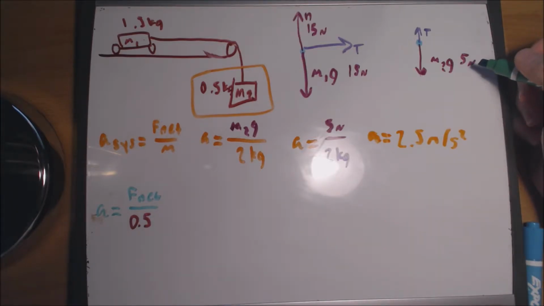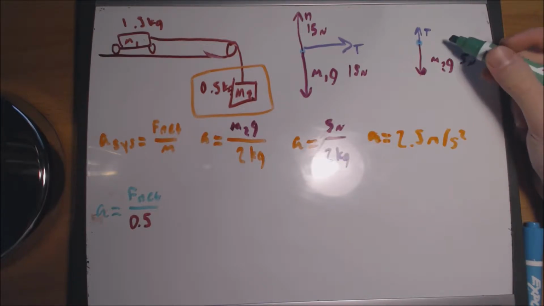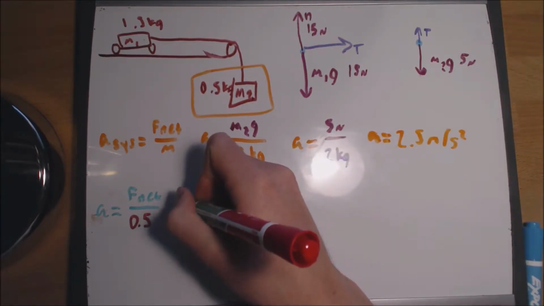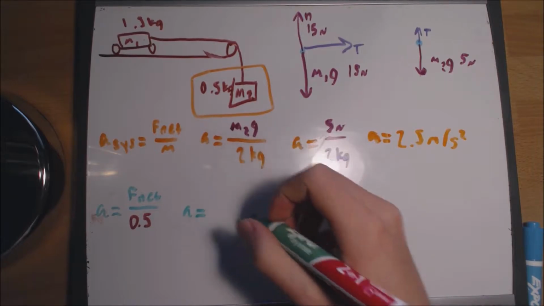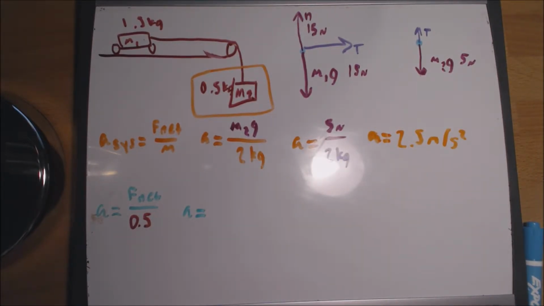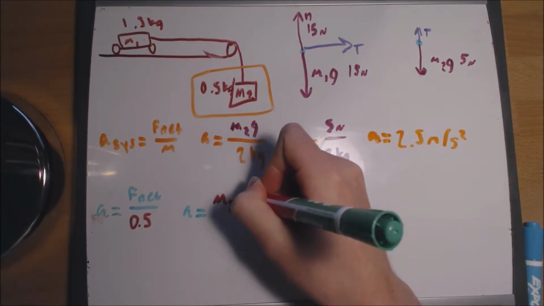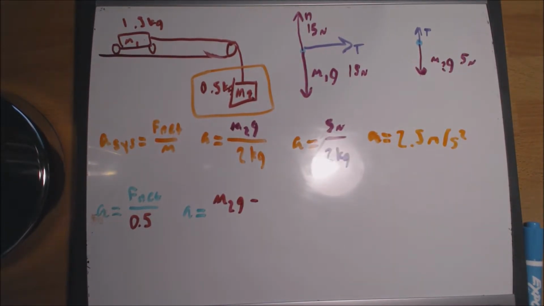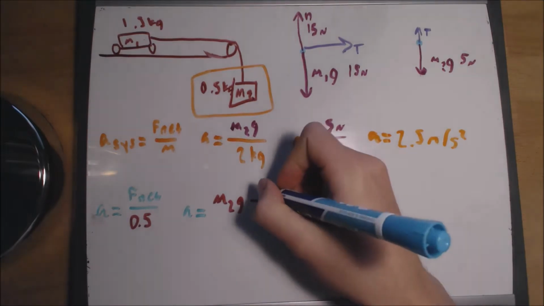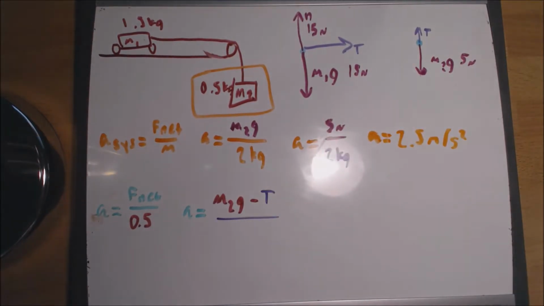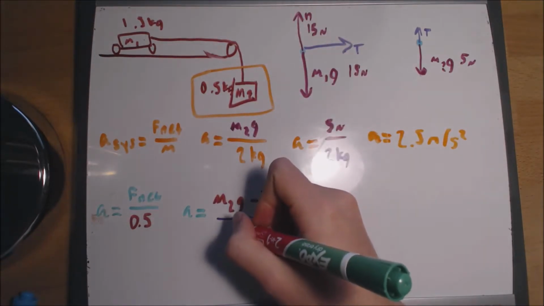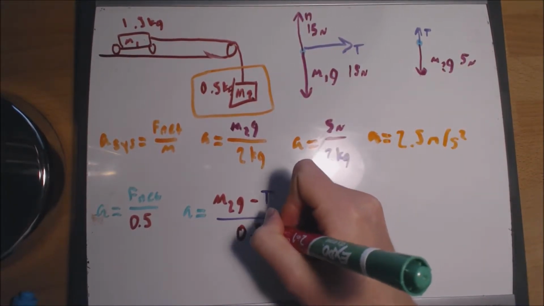Our net force, using the force diagram, is just going to be M2G minus T. So our acceleration will equal M2G minus T, all over the mass of just the weight, which is 0.5 kilograms.